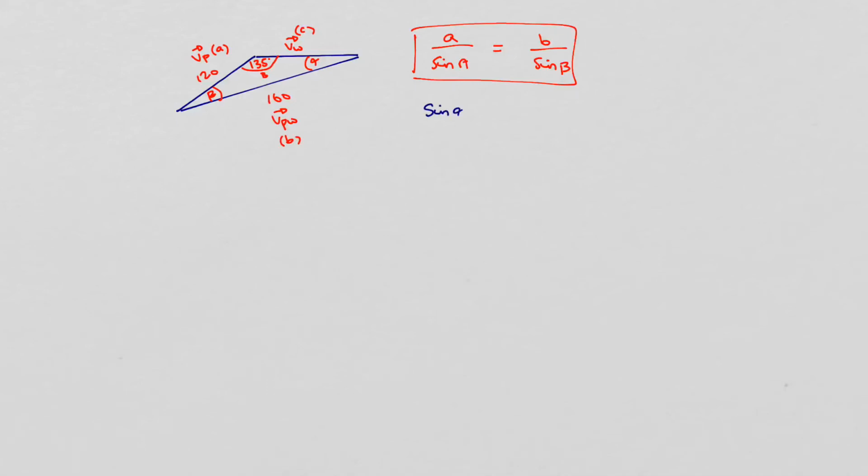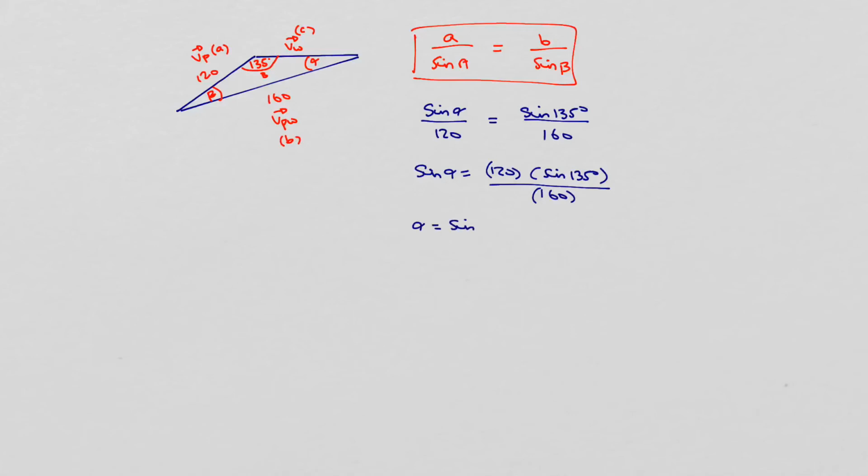So I'm going to say sine alpha over A, which is 120, equals sine B, which is 135 degrees, over the opposite side, which is 160. So sine alpha is equal to 120 times sine 135 over 160.